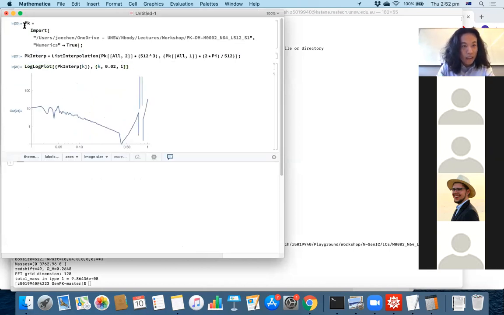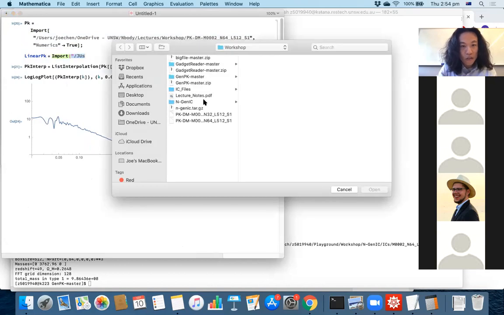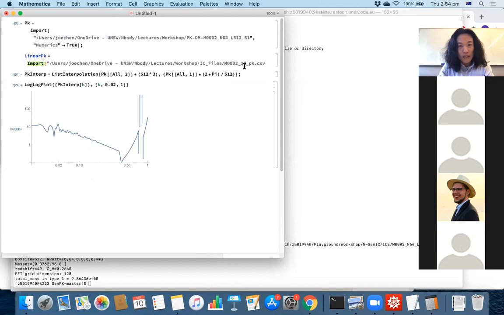So if I now also import the linear power to compare, this is the power spectrum that we initialized with.